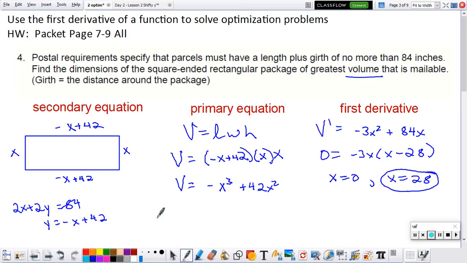So I know that my dimensions are 28 by 14. Now we have to think for a second. Either I have a square of sides 28 or I have a square of sides 14. If my girth is no more than 84, I can't do a square of size 28 because it's going to be too big.